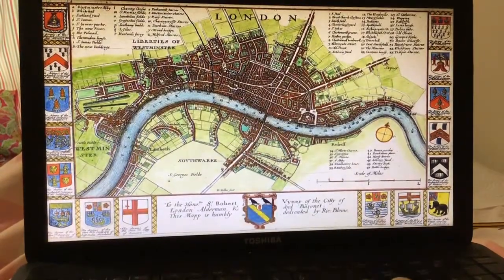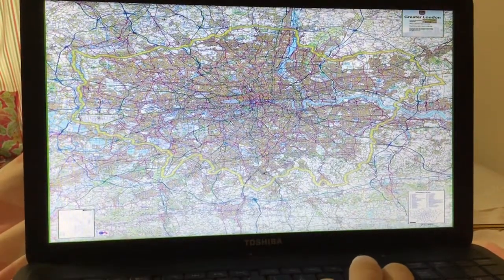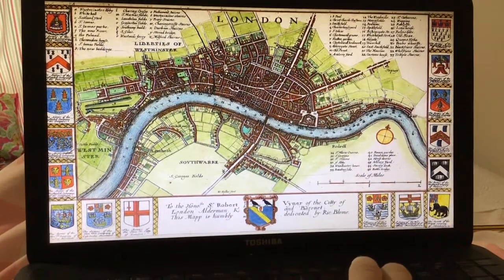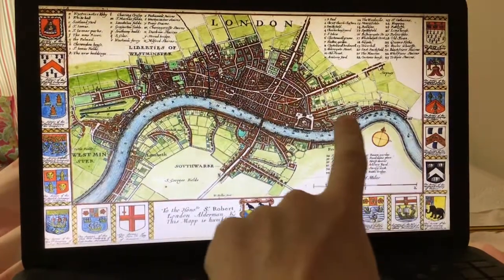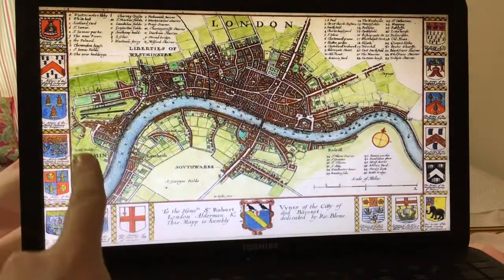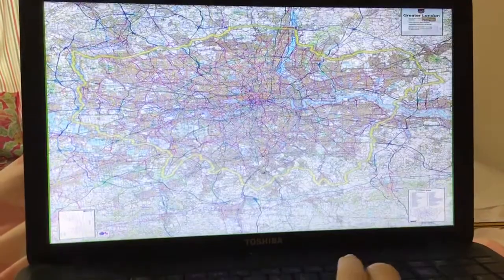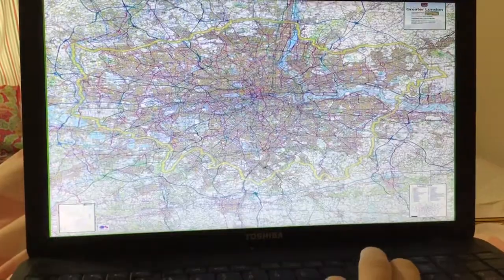We've got some buildings and some roads here, but it's not as big as London is now. So London has grown over hundreds of years. It's grown to be huge. Look at all these fields around here in 1666, and it's not a very big city, is it? But now it's massive. So we know that London has grown.